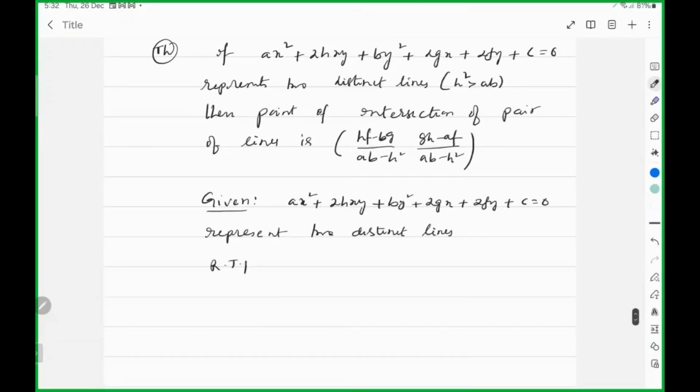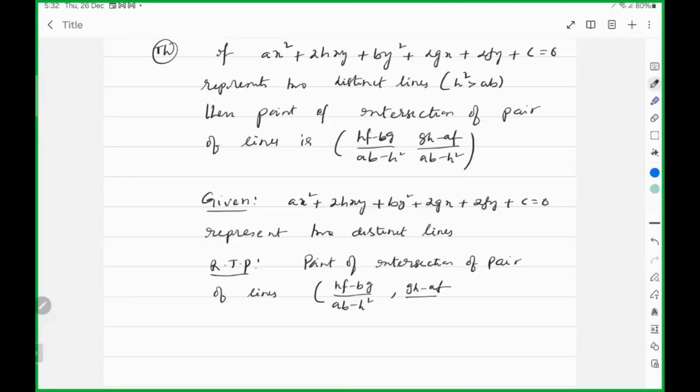So required to prove is, the point of intersection of the pair of lines is hf minus bg by ab minus h square, gh minus af by ab minus h square.